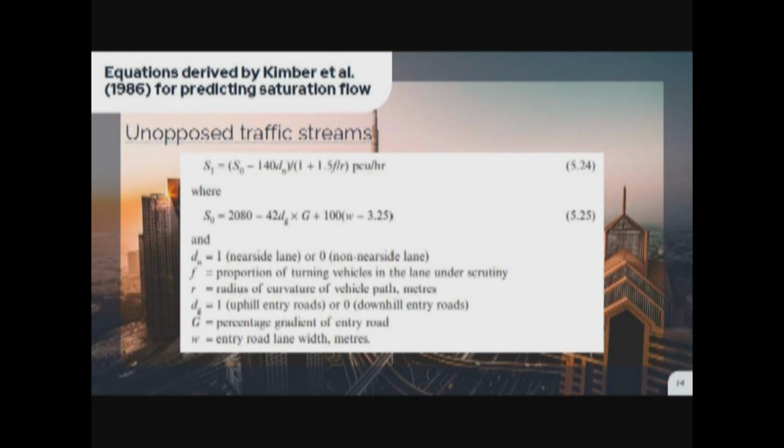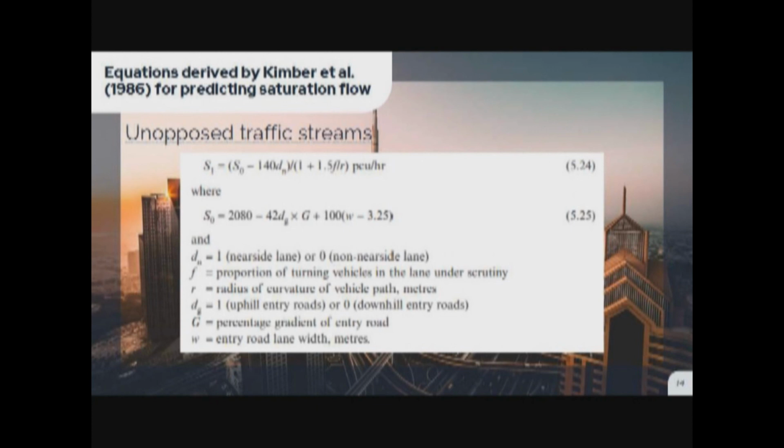In unopposed traffic streams, the saturation flow is given by the equation S sub 1 is equal to S sub 0 minus 140 d sub n, where d sub n is equal to 1 if this is a near-side lane, or 0 if this is a non-near-side lane, divided by 1 plus 1.5 times f, in which f is the proportion of turning vehicles in the lane under scrutiny, divided by r, which is the radius of curvature of the vehicle path in meters.